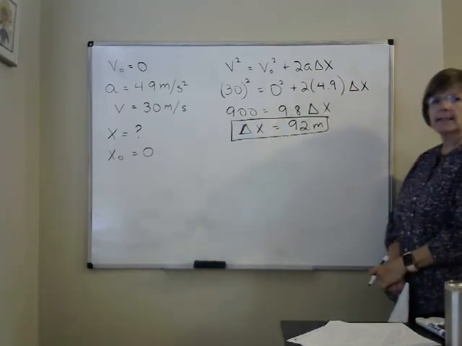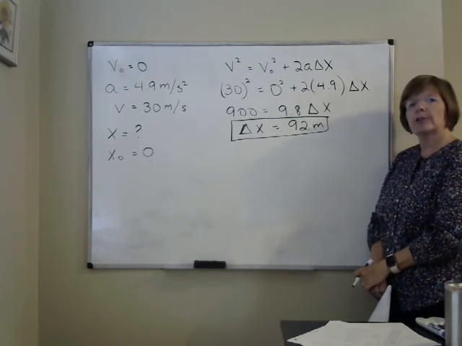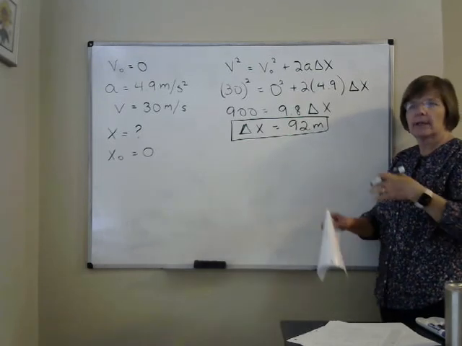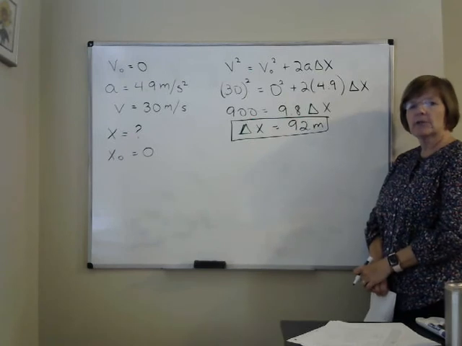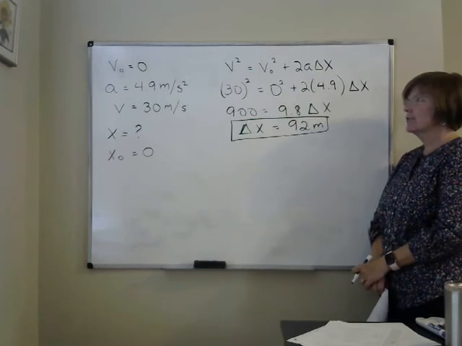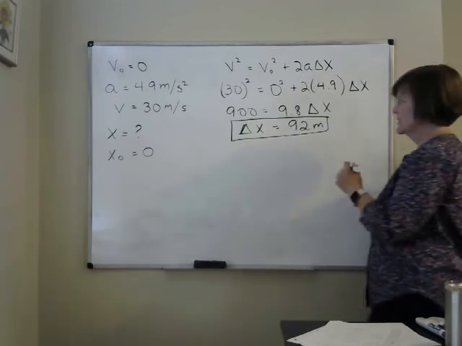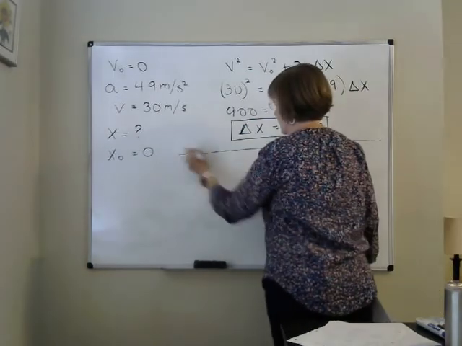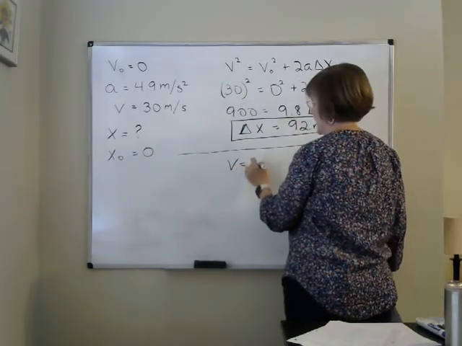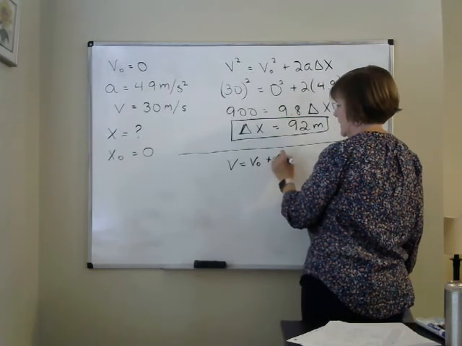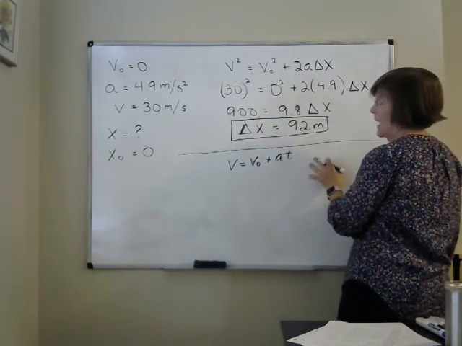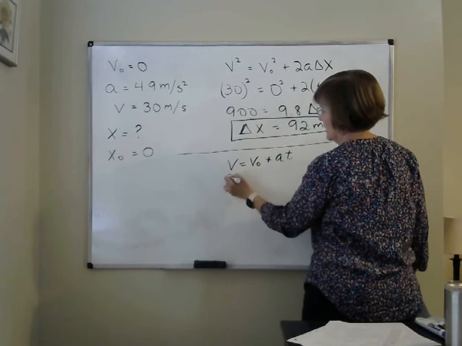That's the one-step way, by using that third equation where they already got rid of time since we didn't know time. But another approach that I might use is this one. V equals V0 plus at. I know this was 30.